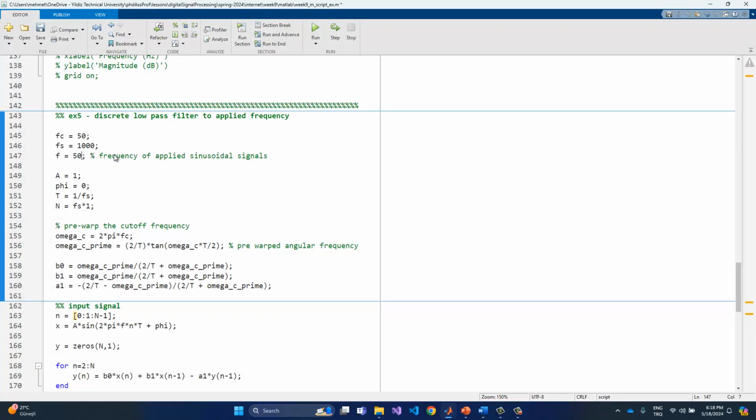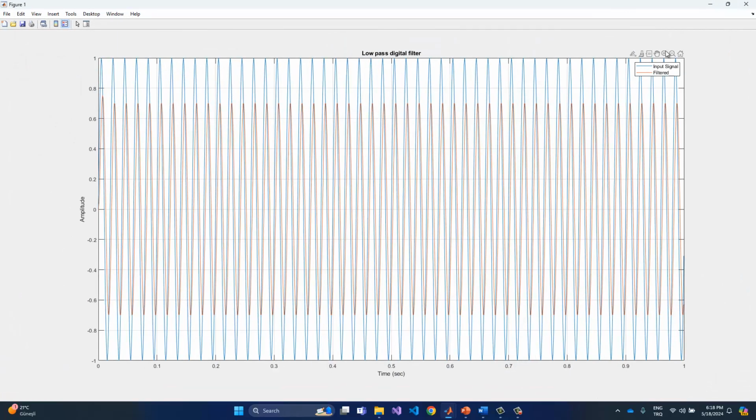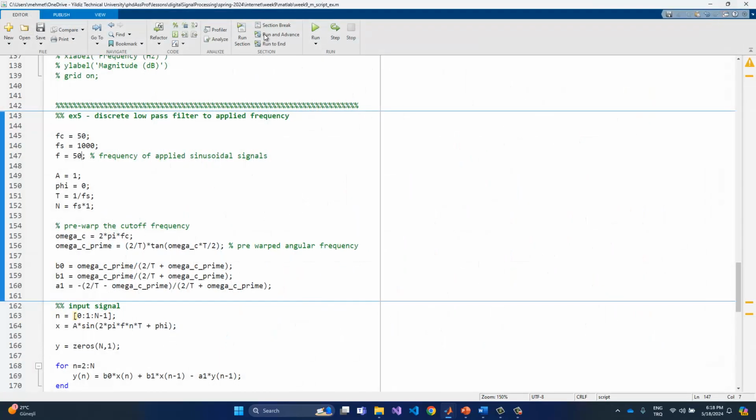But if I choose the cutoff frequency to the applied signal and rerun this code, then we will have this kind of representation. Okay? Our total energy is diminished at least to half of it. It's closing to the 0.5 points in here, right?